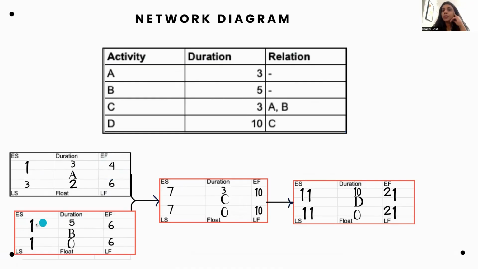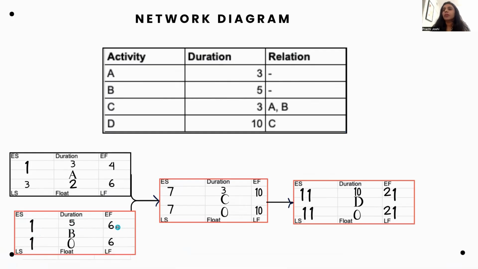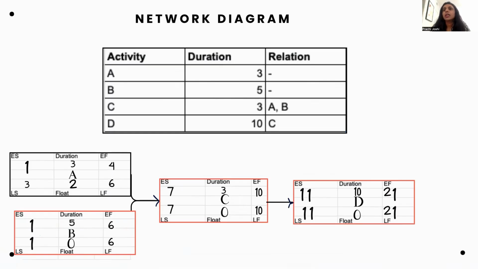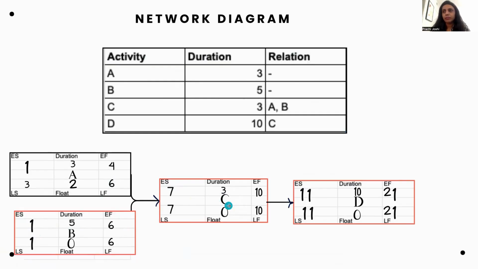Okay. Similarly, for activity B, if you start from day 1, and if it takes 5 days to complete the work, total it's going to take 6 days. Okay. Now, for activity C, let's say 3 days to complete the task. And now you have 2 predecessors for C, activity A and activity B. What is the earliest start you can start activity C?